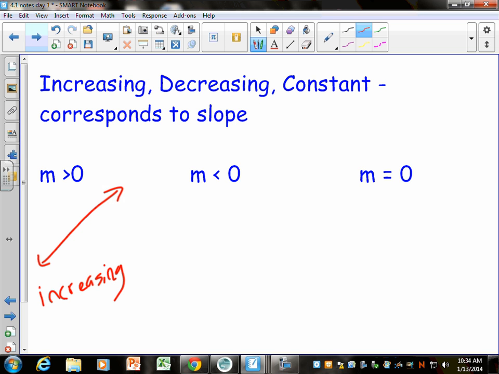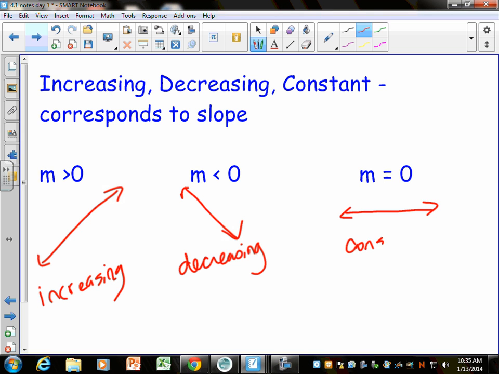Yeah, it's going down over time, which means that if your slope is negative, then it will always be decreasing. And what kind of line has a slope of 0? Like this, which means that it will be constant.